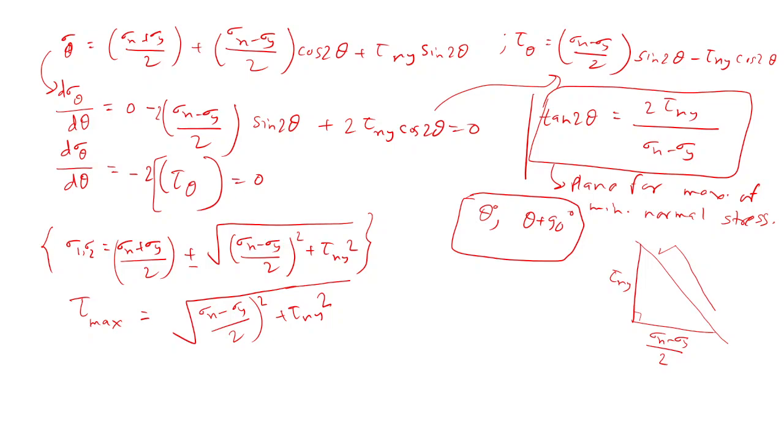Can anyone define both? Sir, principal plane is a plane where the normal stress is maximum and the shear stress is zero. Principal plane, maximum or minimum, anything could be there, right? Yes, sir, extreme normal stress.